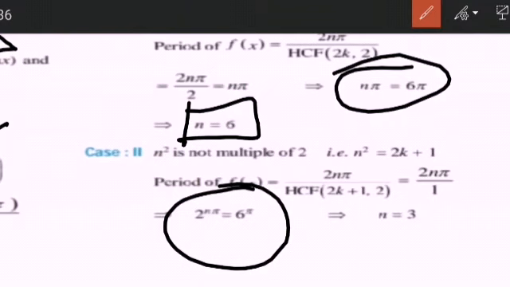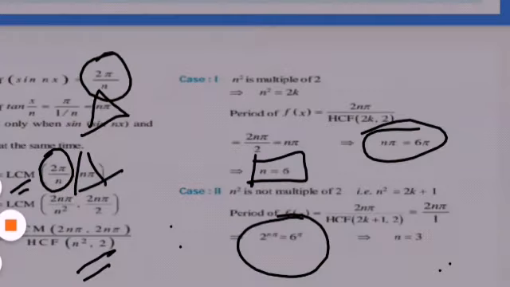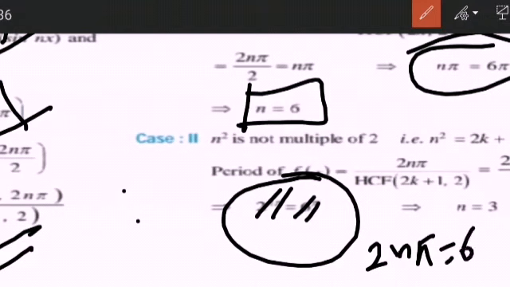Simply equate 2n pi equal to 6 pi, and then we get n equal to 3.